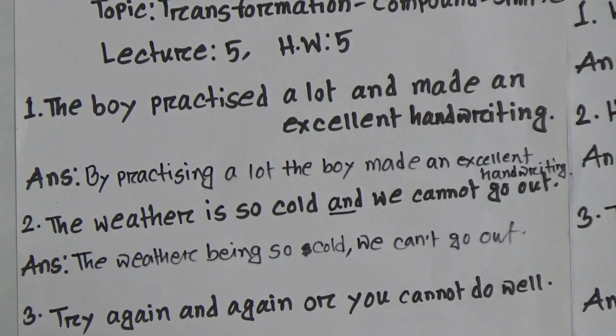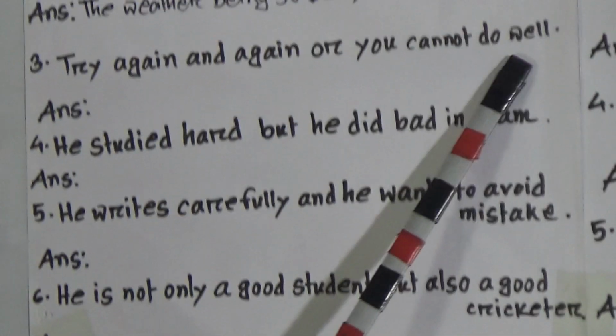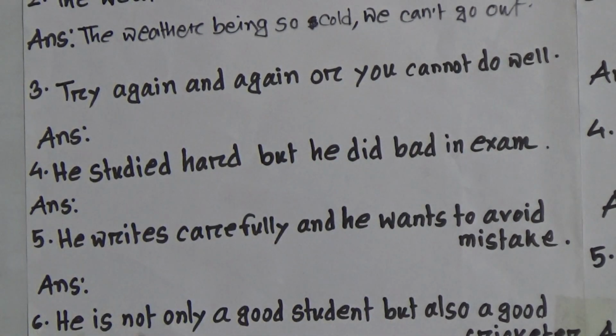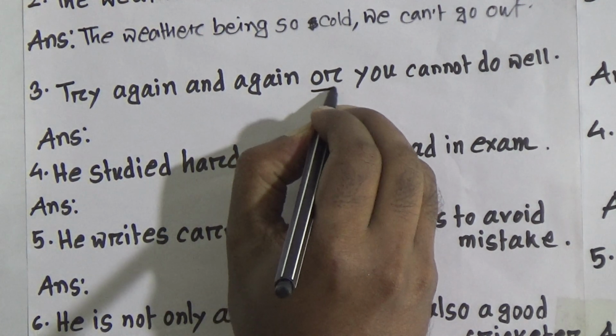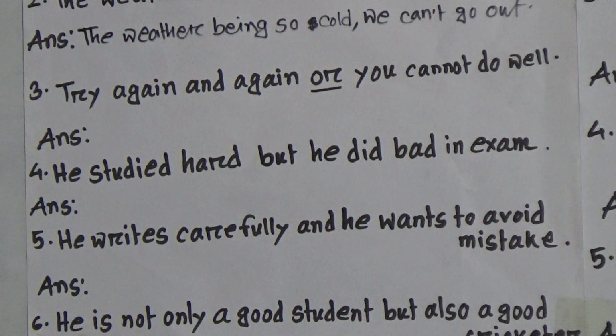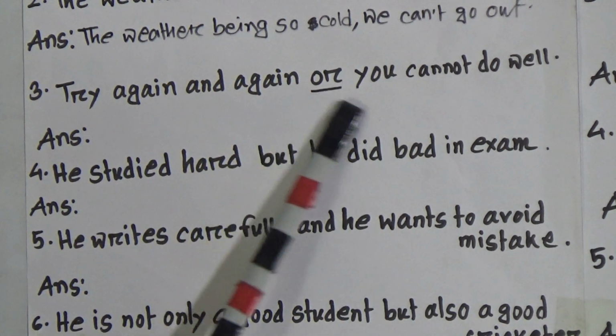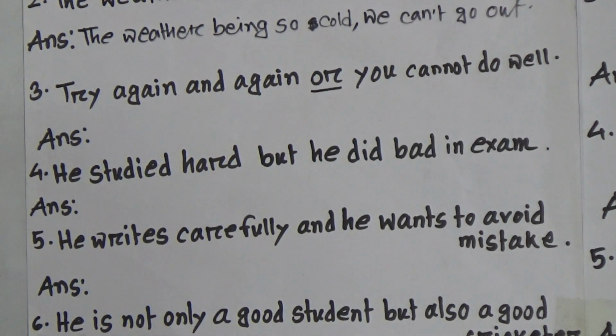Next, number 3: Try again and again, or you cannot do well. So whenever in a compound sentence there will be or, look, try to understand. In the simple sentence you will write without trying.